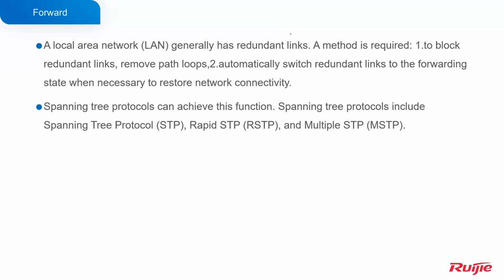Spanning Tree Protocol includes STP, RSTP, and MSTP. These are three different working modes of the Spanning Tree Protocol and are suitable for different scenarios. In this course, we're going to introduce them one by one.